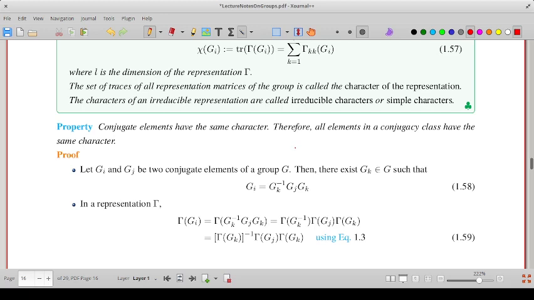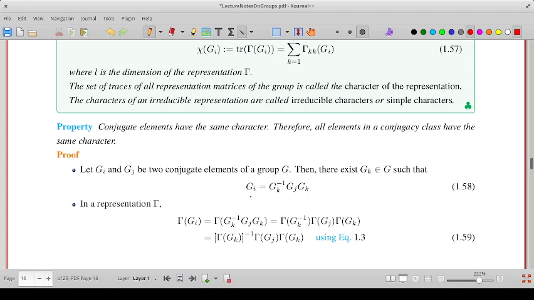Suppose we have two elements which are conjugate to each other. So Gi and Gj are conjugate to each other. That means there will be an element Gk of the group such that Gi will be equal to Gk inverse times Gj times Gk.